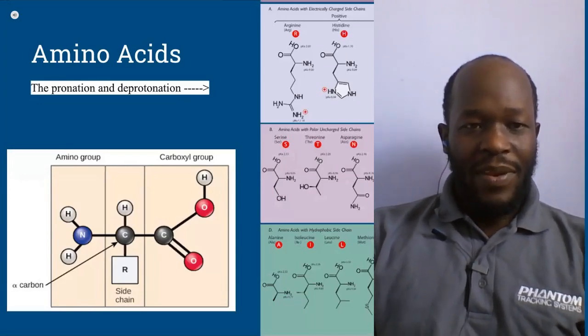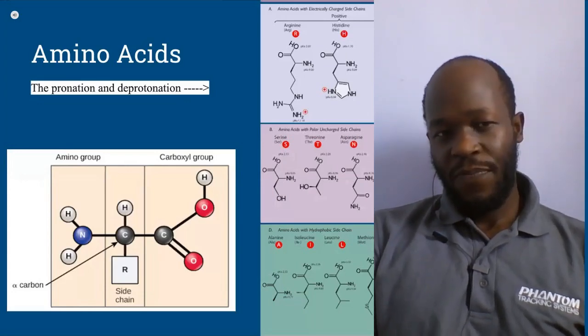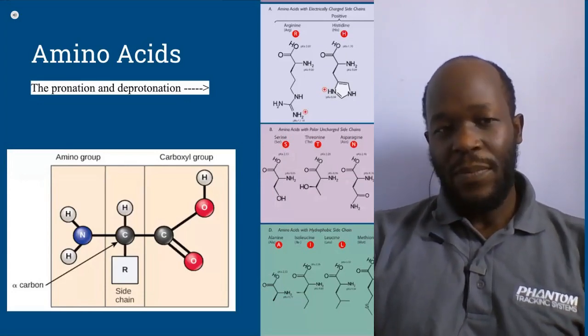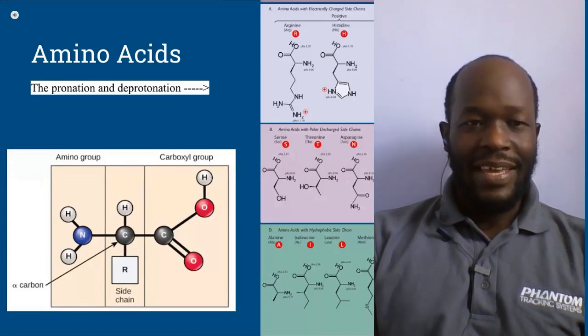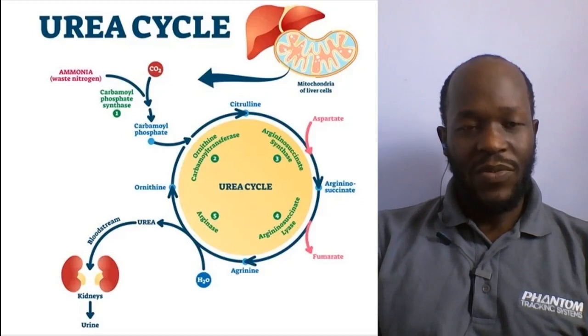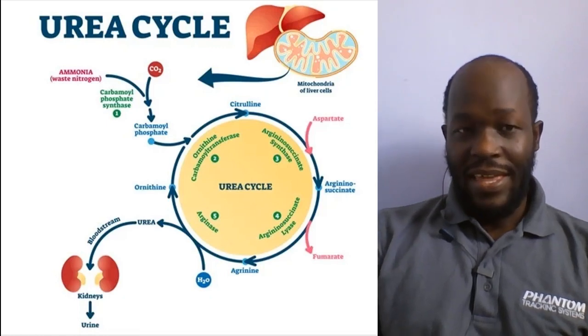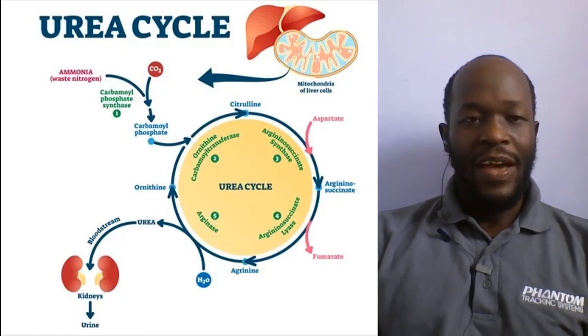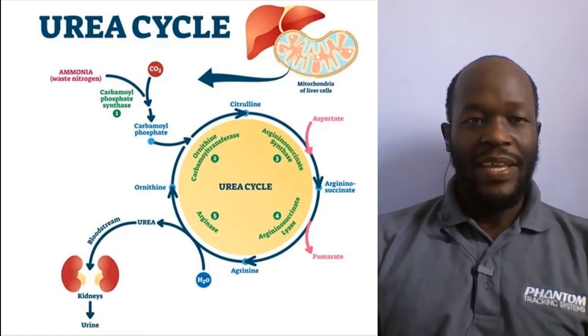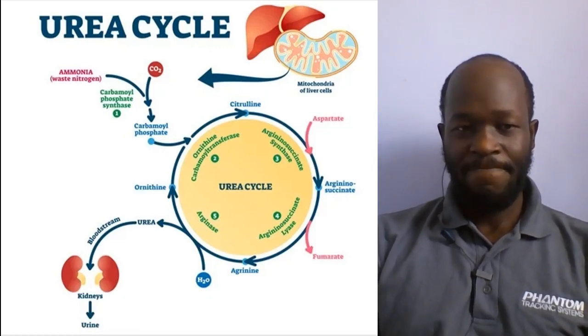Now, ammonia produced by the breakdown of urea is absorbed into the blood and taken to the liver, where it undergoes conversion through the urea cycle into what? Into urea. Now this urea goes to the kidneys and is excreted as urine.